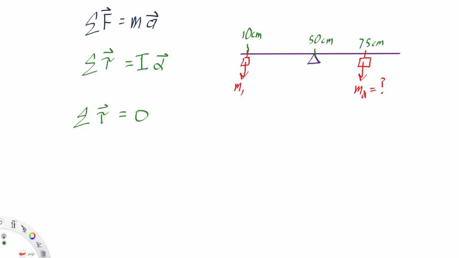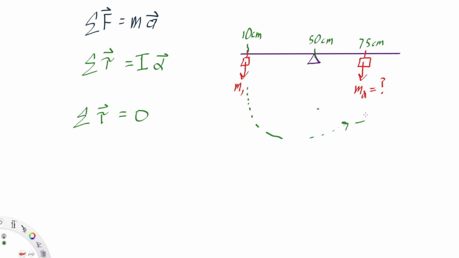In this case, we're going to have two different torques, right? One due to mass 1 and one due to mass 2. So by convention, torques that would tend to make the object rotate clockwise are negative. So mass 1 would tend to make this sort of rotation.